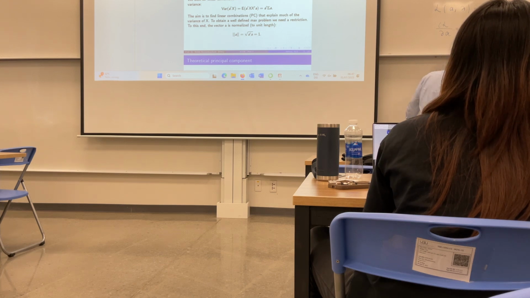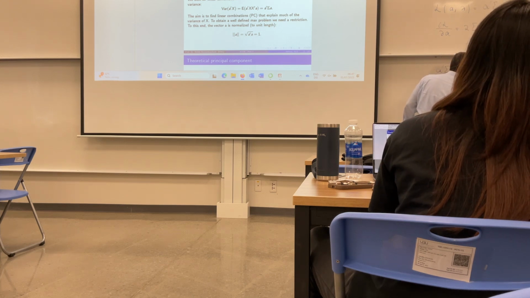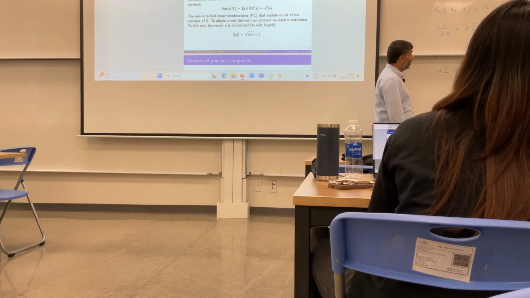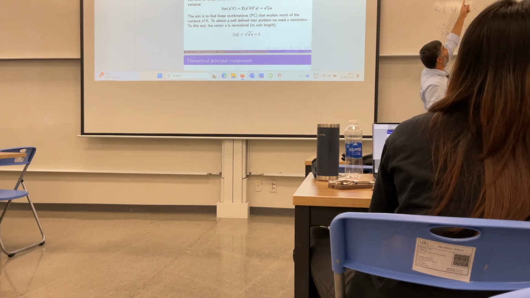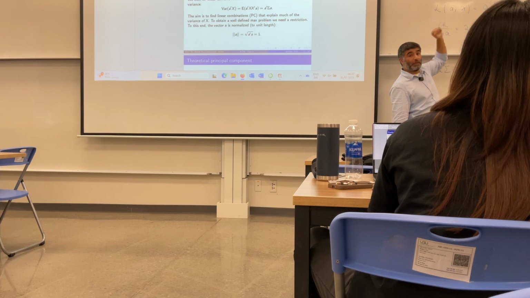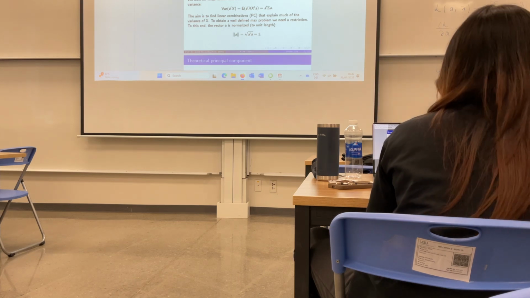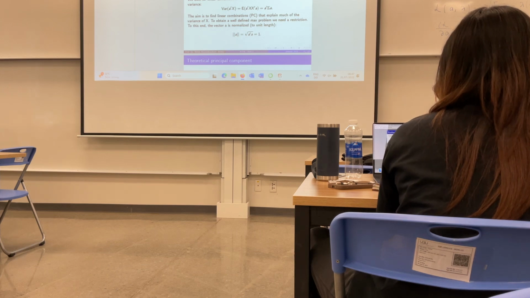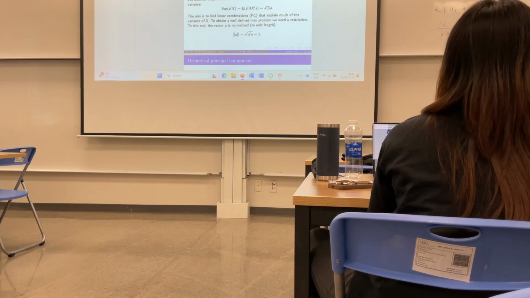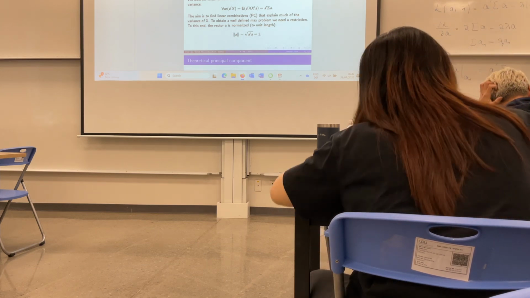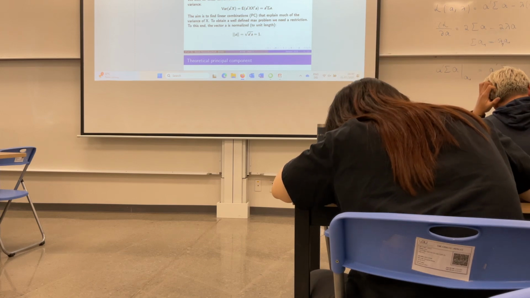Yes, it's 1. So then this is lambda 1. This lambda 1 is the maximum value of the variance that we get. That's the objective function. The value of the objective function at this optimum is lambda 1. So that's the maximum value of the variance that we get.